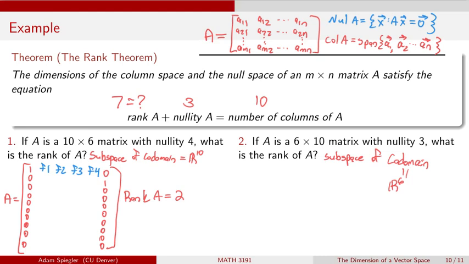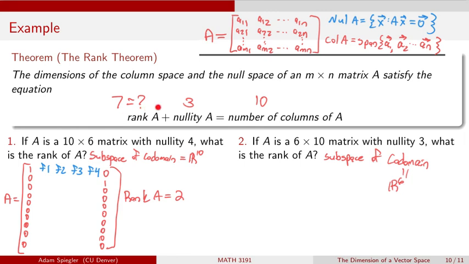However, recall that the column space of a matrix is going to be a subspace of the codomain. And the dimension of the codomain is going to equal the number of rows in matrix A. So in this case, whatever the rank of matrix A is, since the column space is a subspace of the codomain, which has dimension 6, the rank of matrix A cannot be bigger than 6.